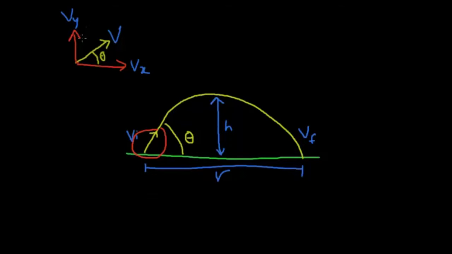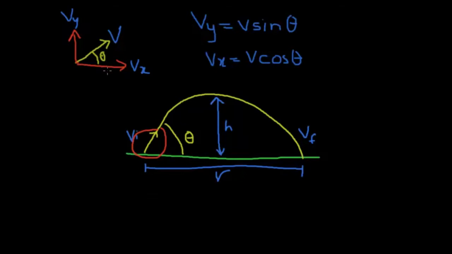Now in this case, the vertical component can be found using the formula V sine theta. Similarly, for the horizontal component, use the formula V cos theta.